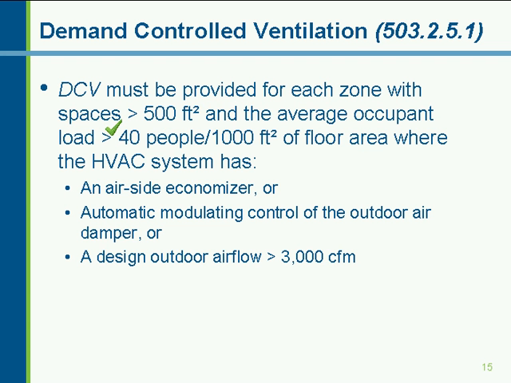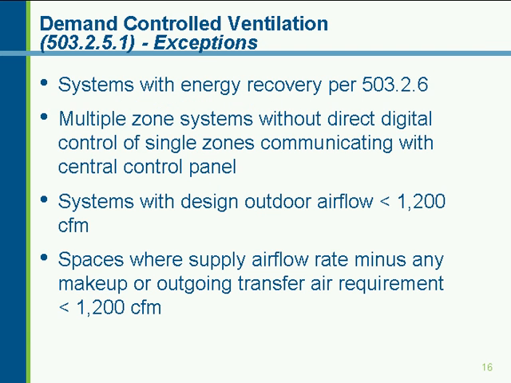If it meets any of those three requirements and that load factor and the size, you must utilize some form of demand control ventilation. The types of spaces that it normally applies to are things like auditoriums, dining rooms, gymnasiums, those types of spaces that are large and have high occupant densities.